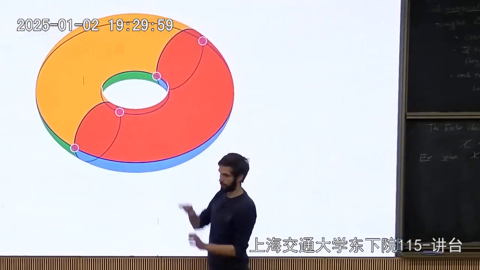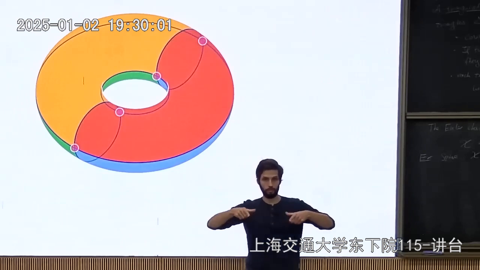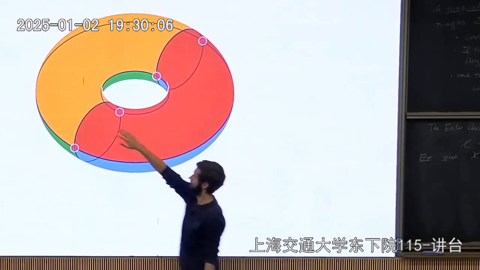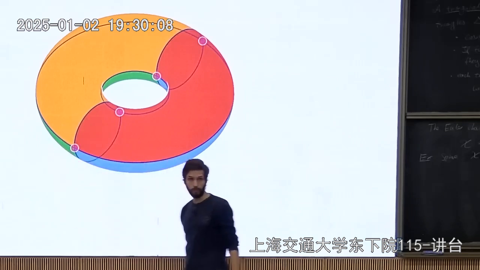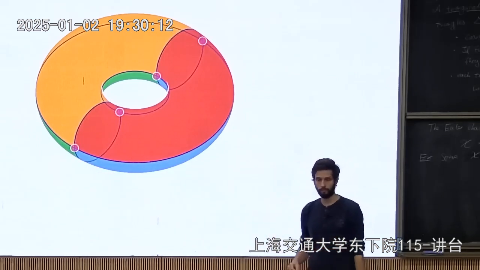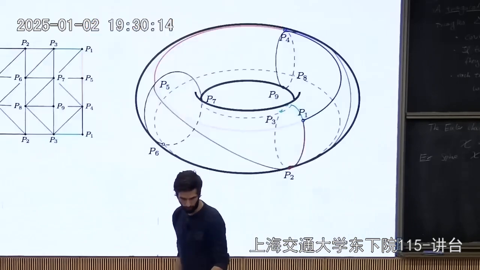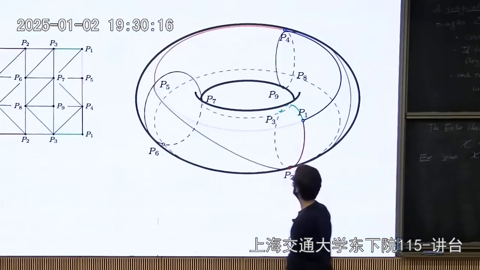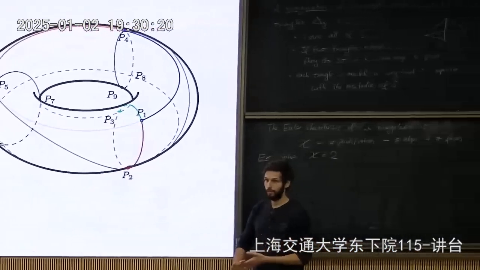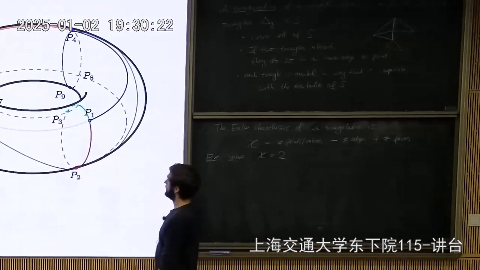So what we get then is the red one is a rectangle, the blue one is a rectangle, and same for the yellow and the green. And then we cut each of these rectangles again in half. So what we end up with is the following triangulation of the torus, which is actually a bit more involved.